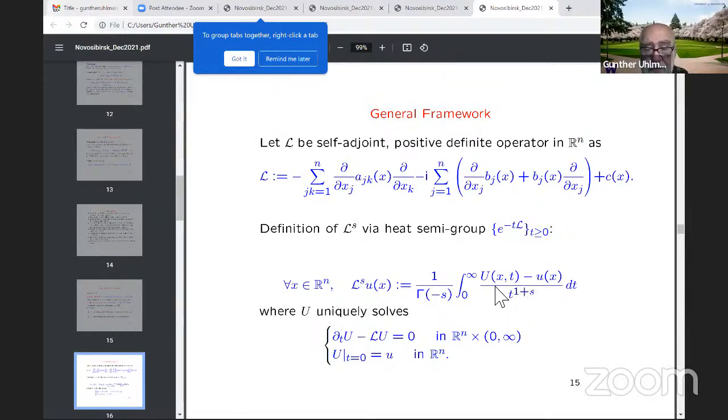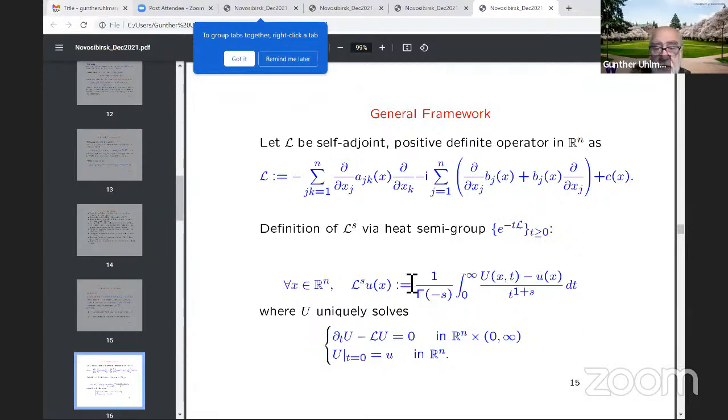And this converges because at t equal to 0, this is u, so it kills the singularity. And we have exponential decay at infinity of the solution of the heat equation. So it's easy to show that this is well defined.